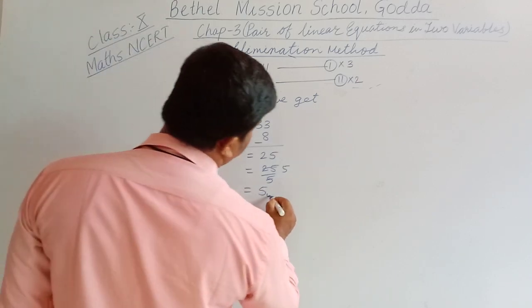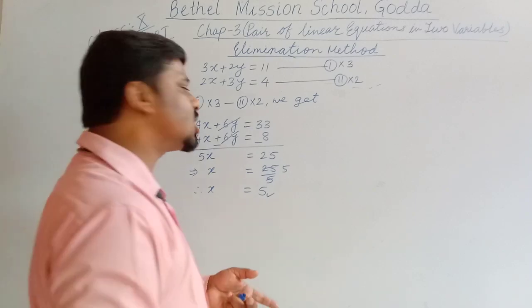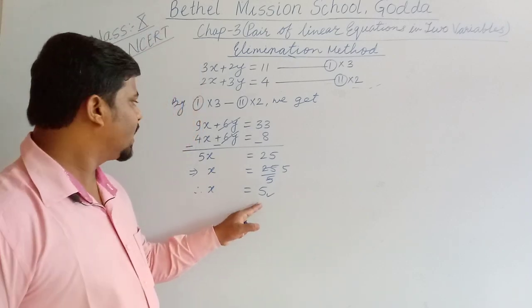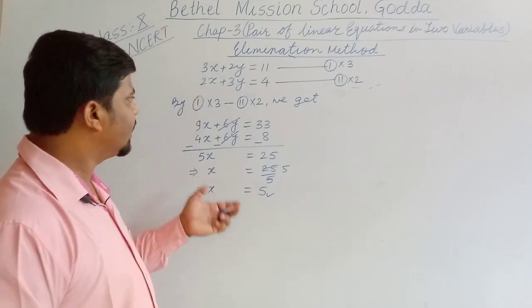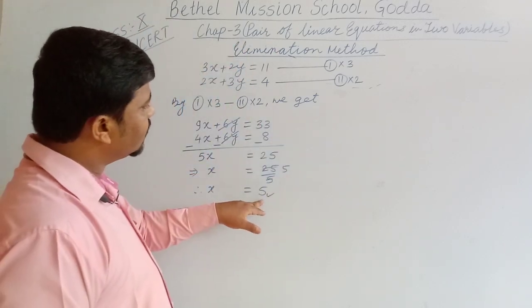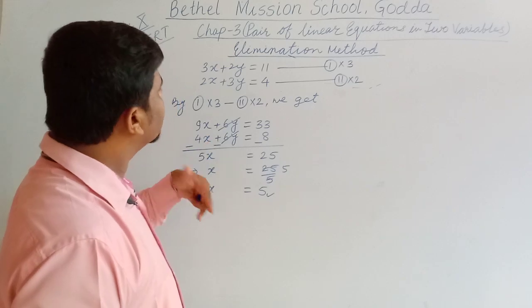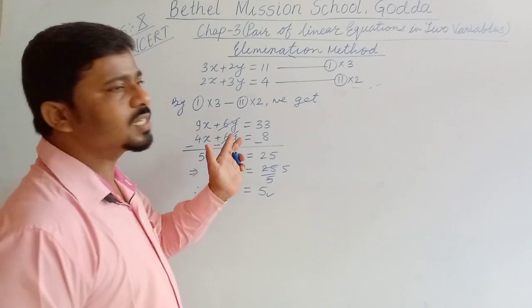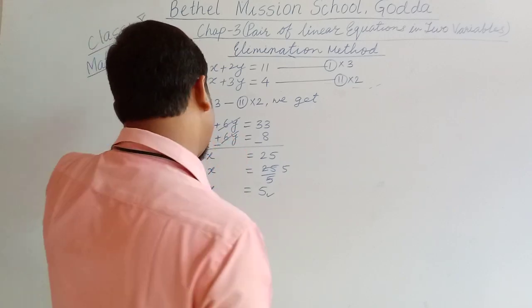So value of x we got 5. In the previous solution also value of x we got 5, and here also we are getting 5. It means in this method also we are getting the result 5, and this process is completely correct and the calculations are going correctly.